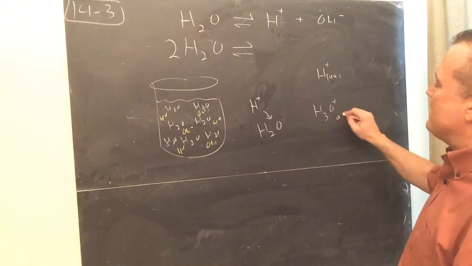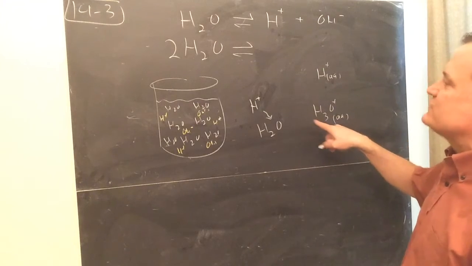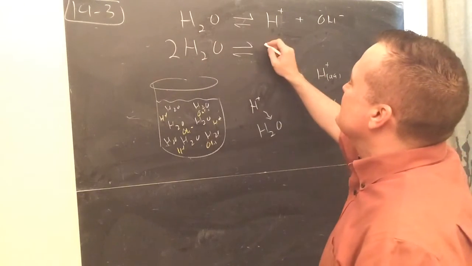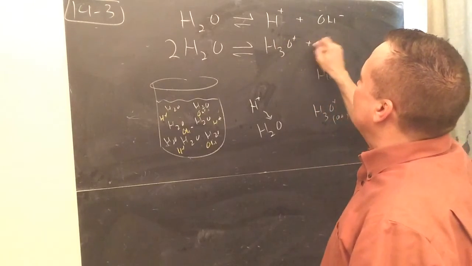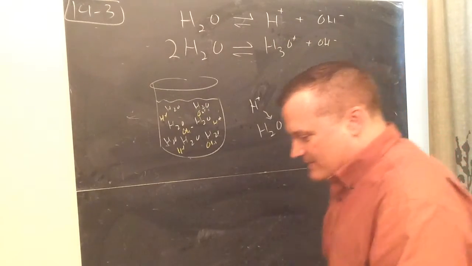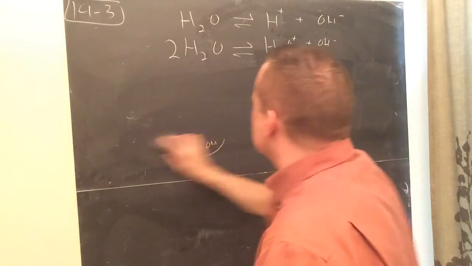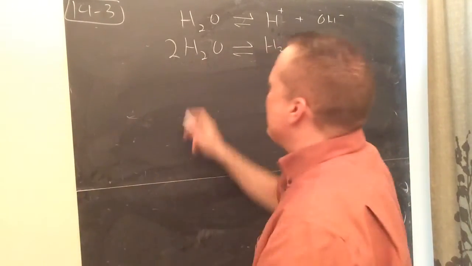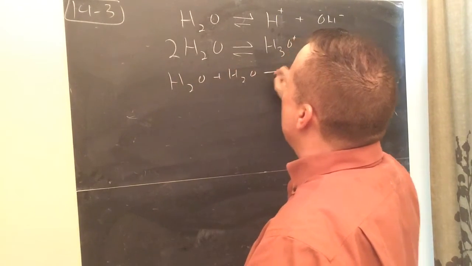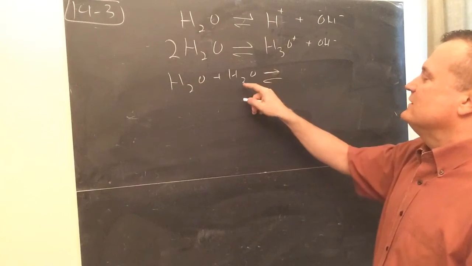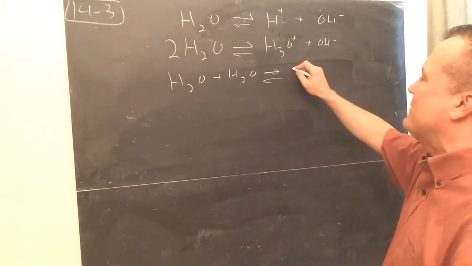Another way to write it, a better way, is to write 2 H2Os give you H3O and hydroxide. And a better way to write that, and I've shown you this already in a past lesson, is to have 2 H2O molecules. That way you can really see, oh, they bump into each other, and one of them breaks apart. One of them, whoever's the weaker one, you broke apart, haha.